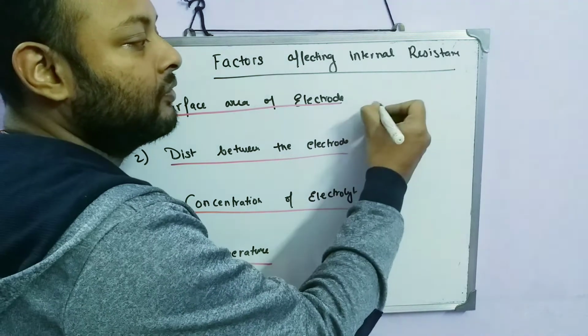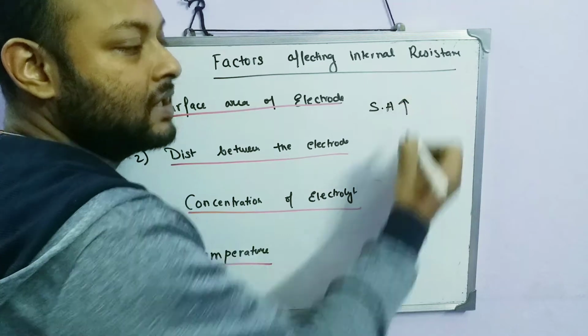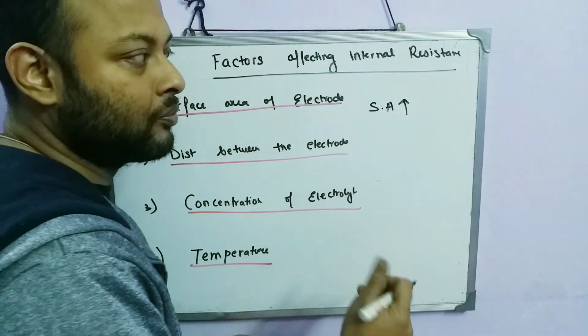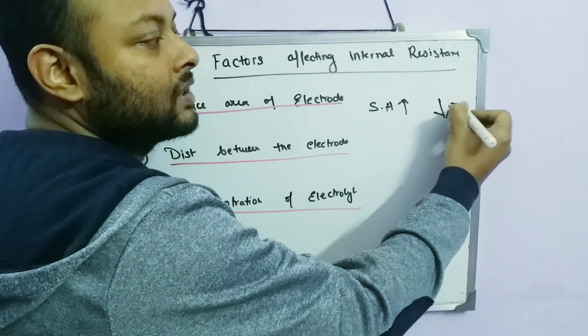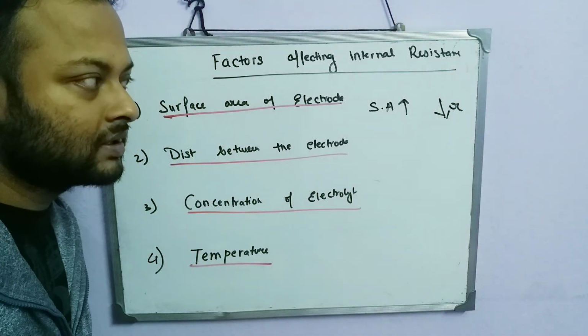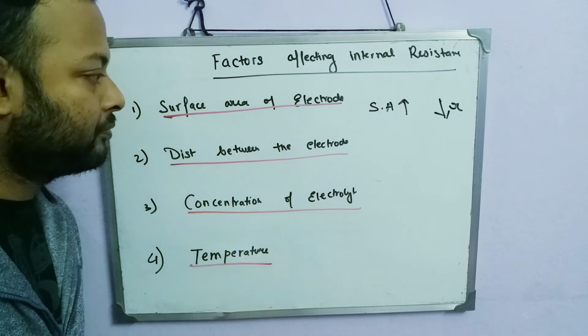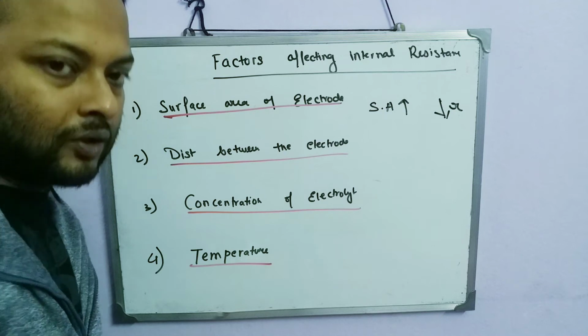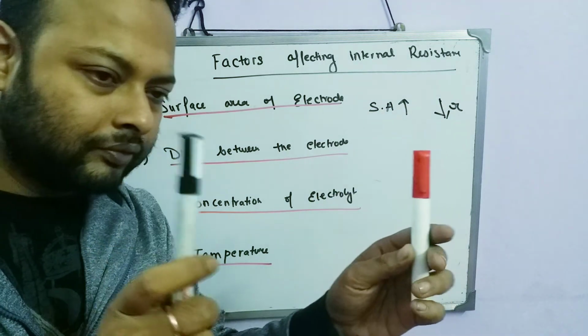If surface area increases, then the resistance decreases, so my internal resistance will decrease.